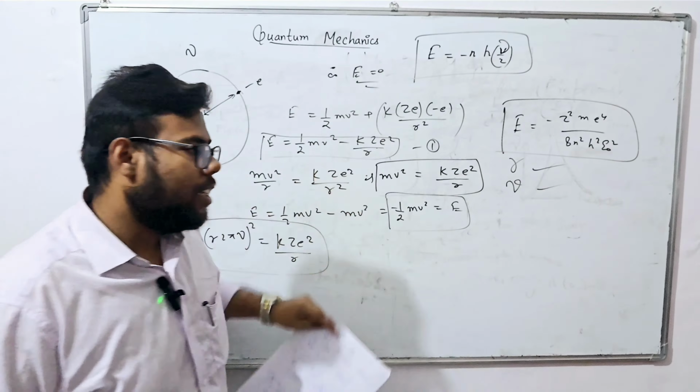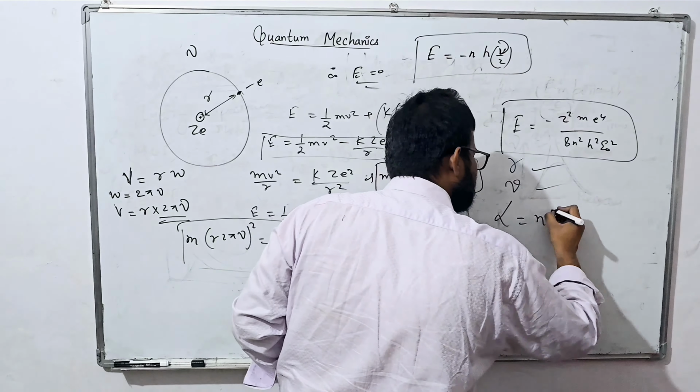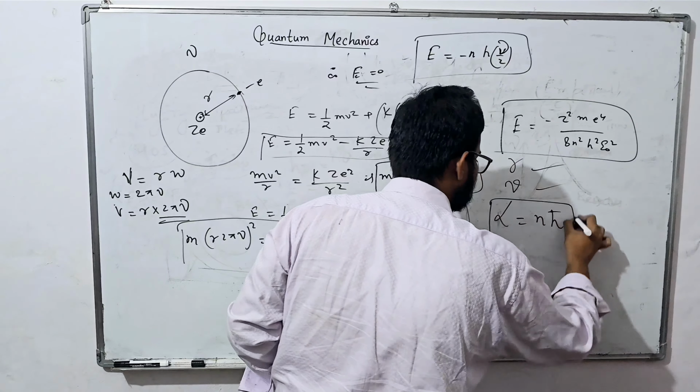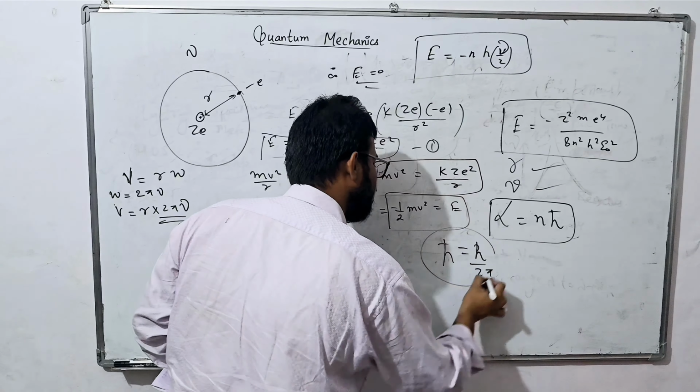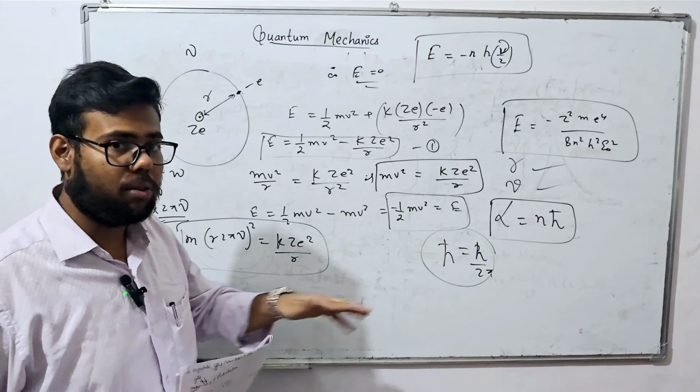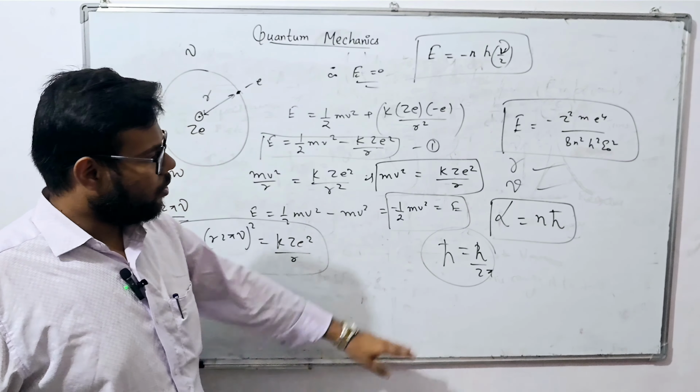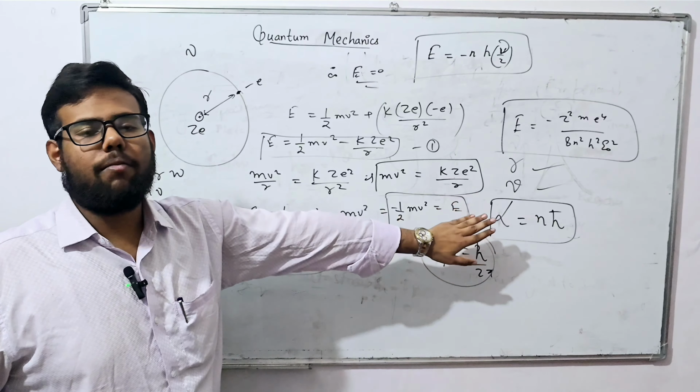And from all this, he came up with the relation L is equal to n h bar. What is h bar? h bar is equal to h by 2 pi, where h is the Planck's constant. Obviously, you should know that. L is the angular momentum and is equal to mvr.